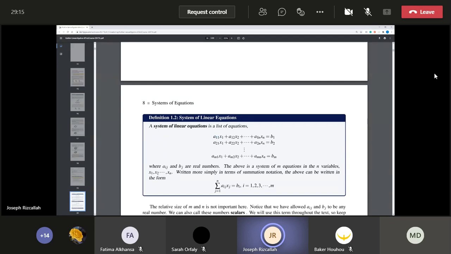Notice that all these a's have the first subscript 1. You see why? Because this is the first equation. So we label all the coefficients with the first subscript 1, just to indicate that it is the first equation.